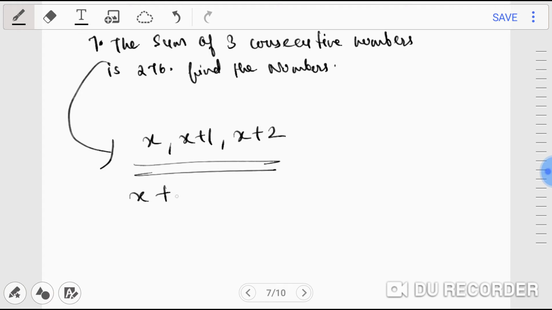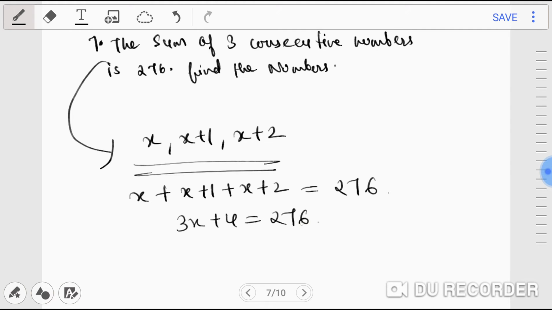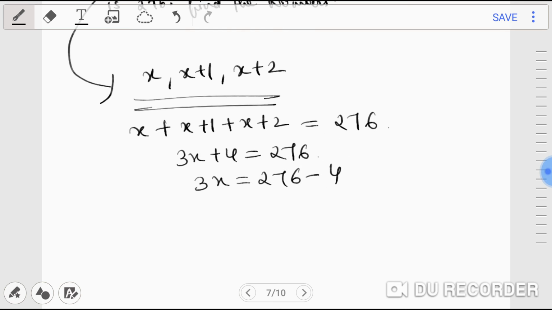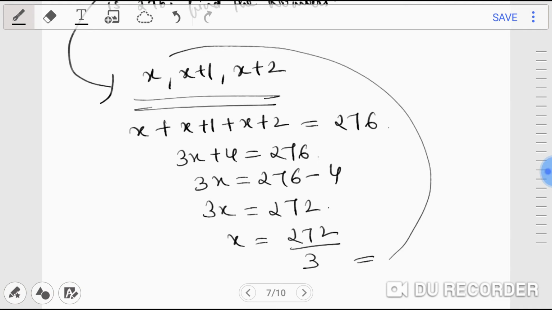So you will make an equation. Once you solve this, you will get the value of x. Once you have x, you have to put it into each of these to get the 3 numbers.